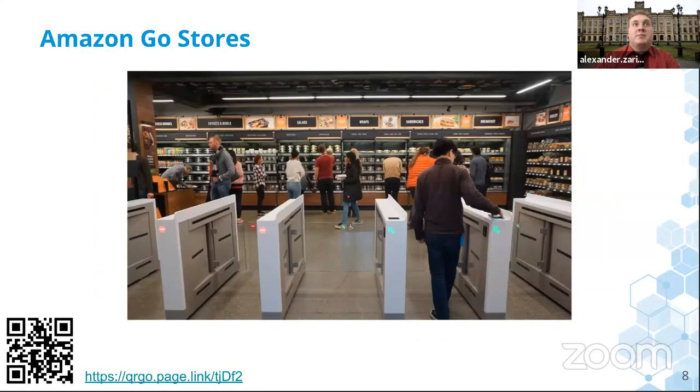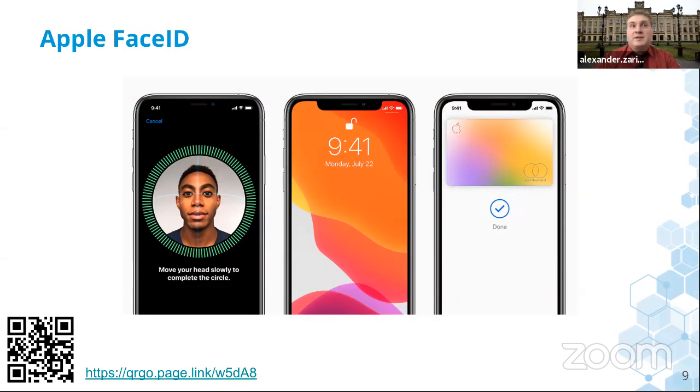Or for instance, Amazon Go stores, where we need to detect customers and detect which products were taken by these customers to properly charge for them. Or simply detecting a face to unlock your phone.